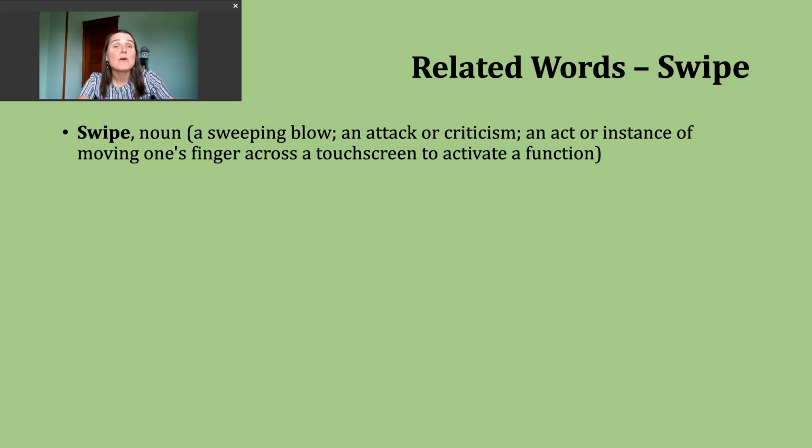So the noun swipe could connect back to our first definition, when we were talking about that arcing attempt to hit or connect, hitting something. So you might hear it called a sweeping blow. An example of this might be, on my third swipe, I finally hit the ball.